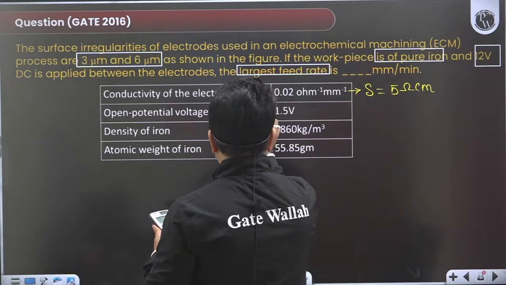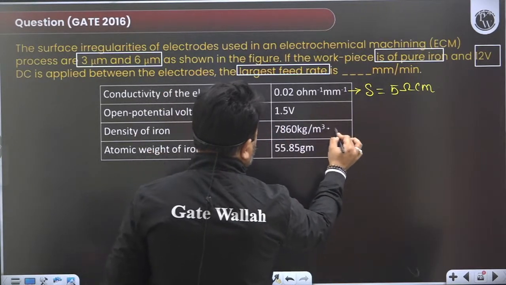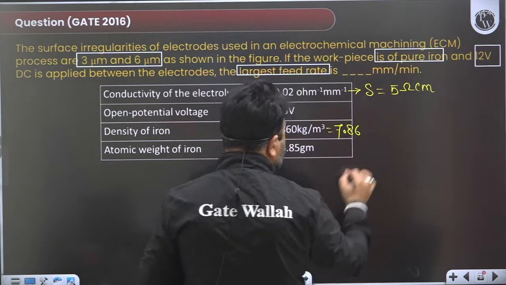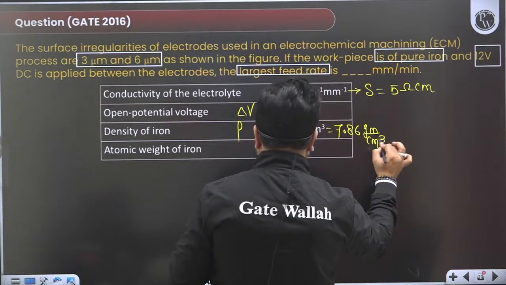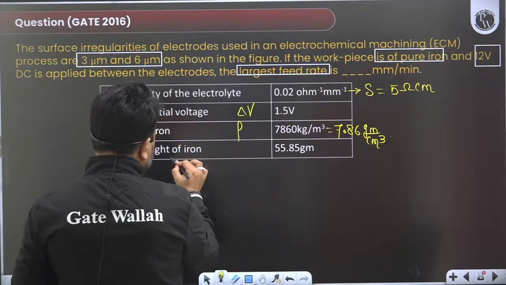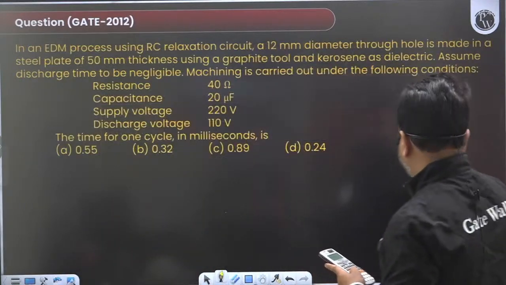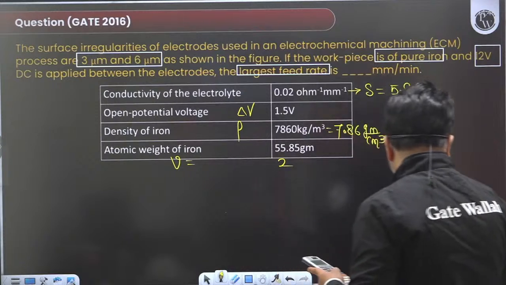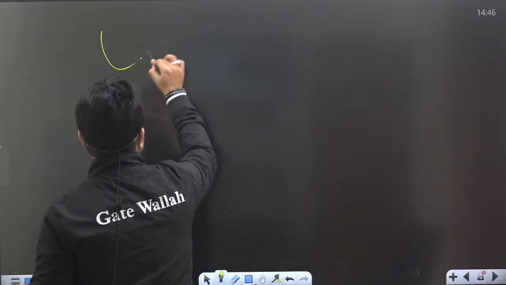Open voltage, that is drop voltage. Density of iron is given, 7.86 gram per centimeter cube. Atomic weight, and you know the valency of iron, that is 2. Here the figure is missing. I think the figure is just like this.